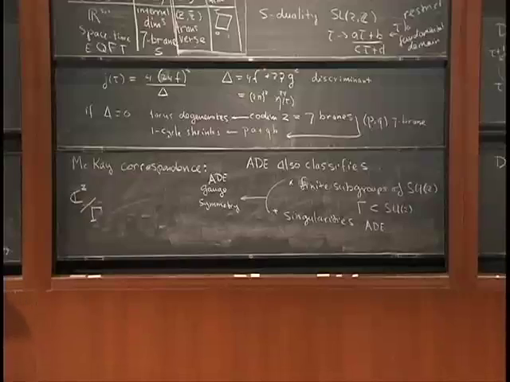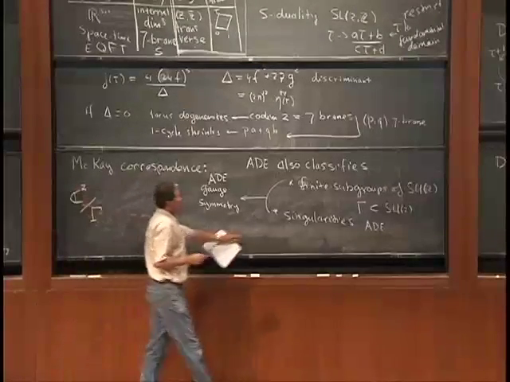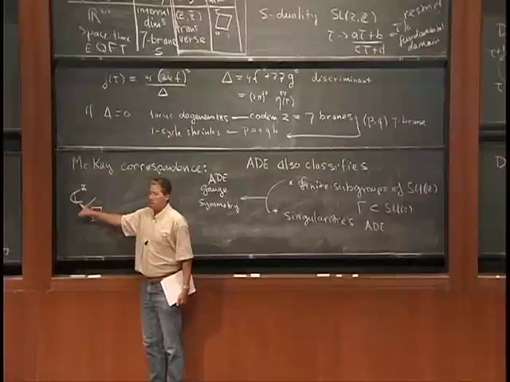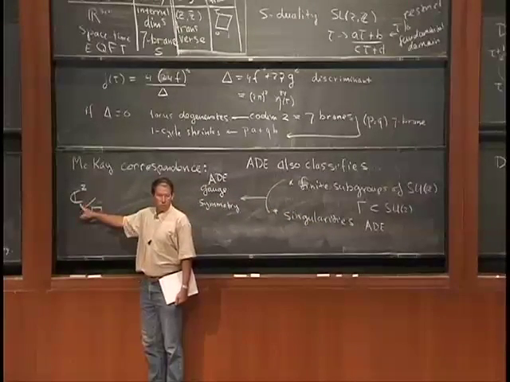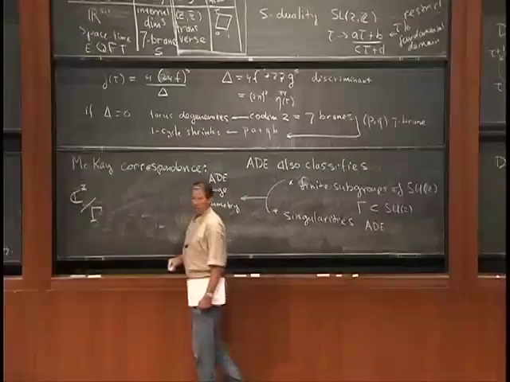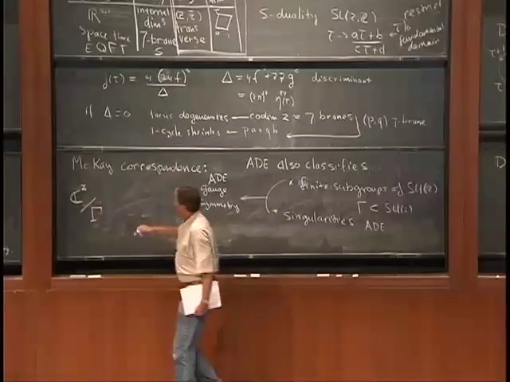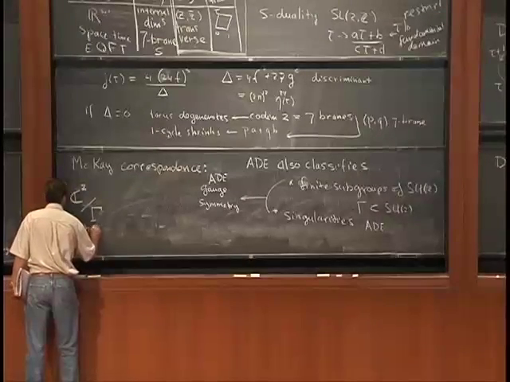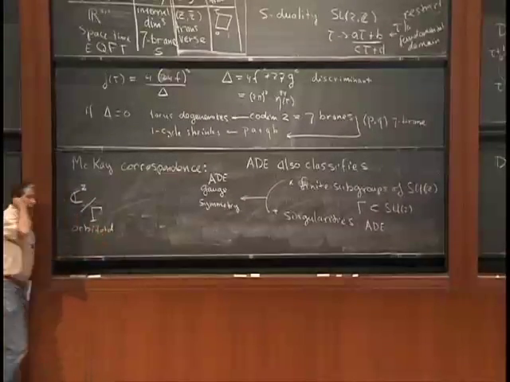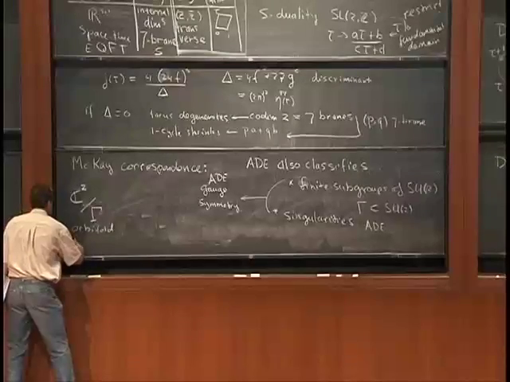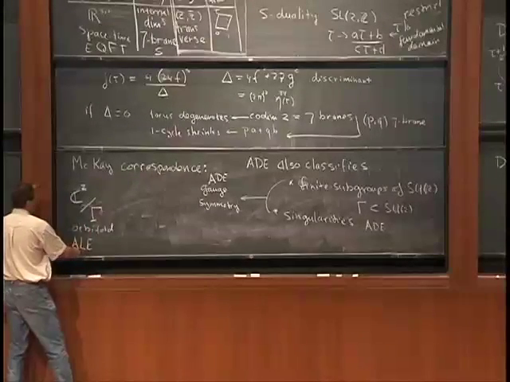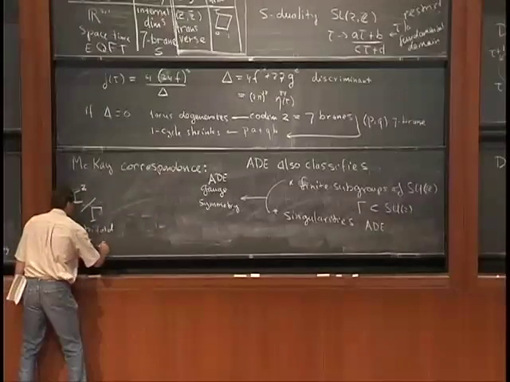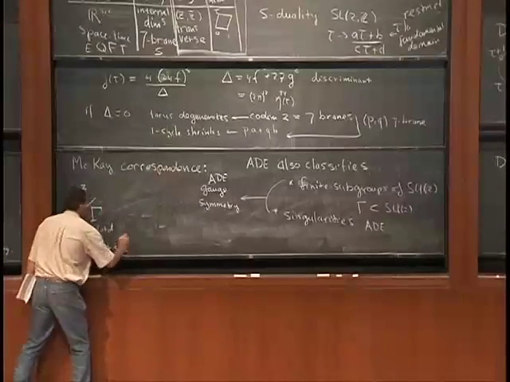So what you can do is the following. I could take a particular subgroup of SU2, and SU2 acts on the two-dimensional complex C2, so that's how it acts as a matrix, and I can divide it out. So this is an orbifold, if you like. And it's a space that's known as an ALE space, asymptotically locally Euclidean, not to be confused with ADE, but it's still kind of connected.